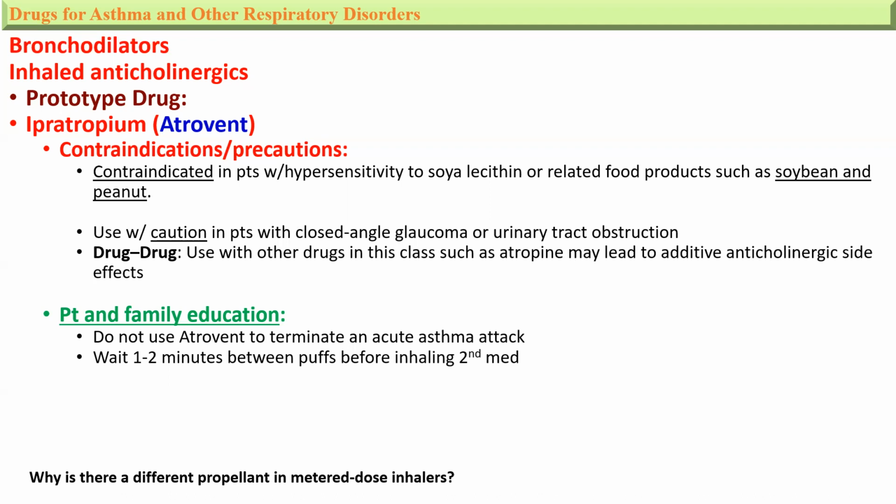You may find that when the MDIs were replaced, a different propellant is used in the inhaler.